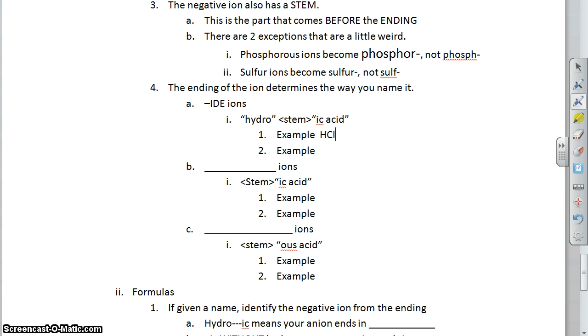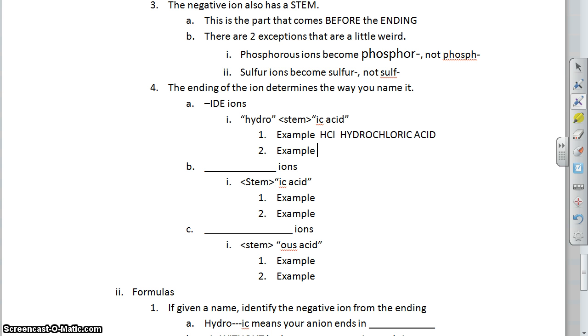There are no O's there, so it ends in IDE. And so we name this hydro, and then the stem. We have chloride, so the stem is just chlor. We chop off the IDE and put in chlor, and then we end with ic acid: hydrochloric acid. That is why hydrochloric acid has that name.